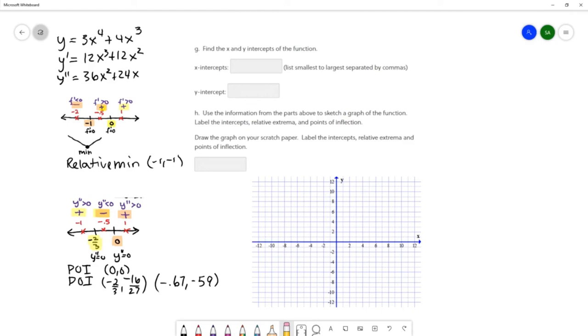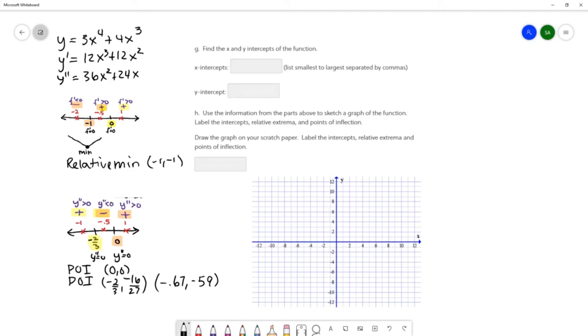The outcome of that was the knowledge of the increasing and decreasing, and also the relative minimum. And then we built a chart for the second derivative, which tells us about the concavity. And then we also got some points of inflection from that chart as well. So we'll use this in just a moment to create a sketch of this equation, y equals 3x to the 4th plus 4x cubed. So before we do that, let's find the x and y intercepts.